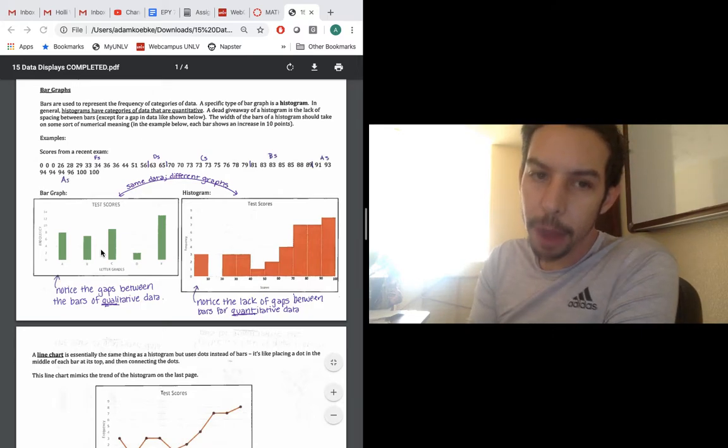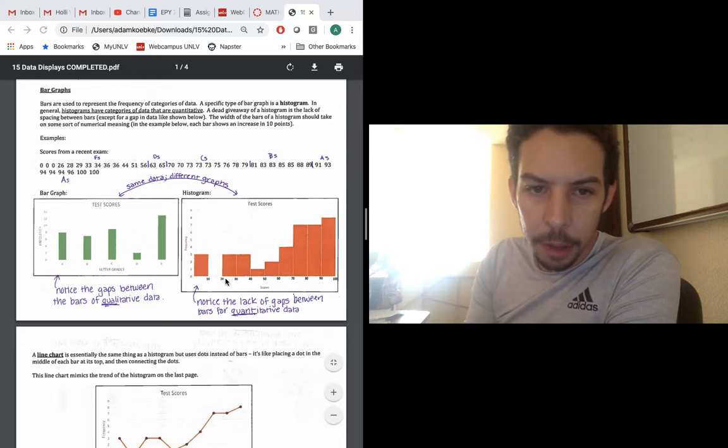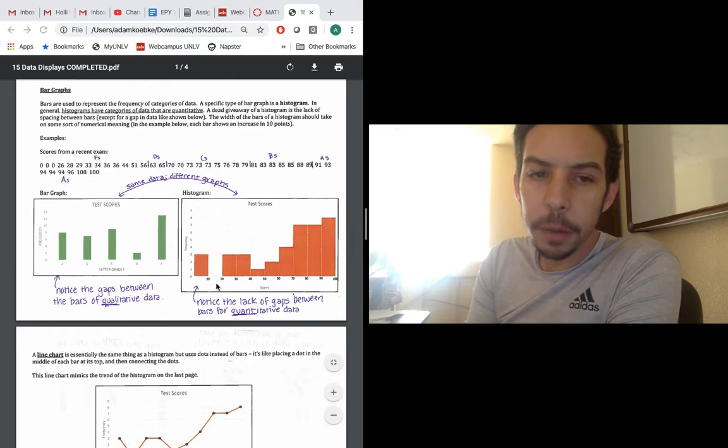Whereas in a histogram, if we look at the numbers down here, what we did was take all these numbers and break them up into increments of 10: 10, 20, 30, 40, 50, 60, and so on. Then we categorized the data basically by how much you scored. Are you less than 10? Are you between 10 and 20? Are you between 20 and 30?